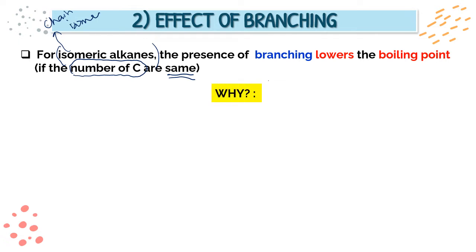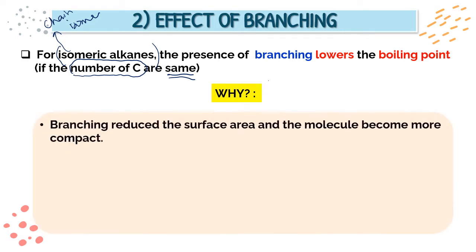So why does branching affect the boiling point? Branching will reduce the surface area and the molecule will become more compact. First we have a very long chain and then we start reducing the parent chain and introduce branching. So what happens? The surface area of the molecule will decrease.